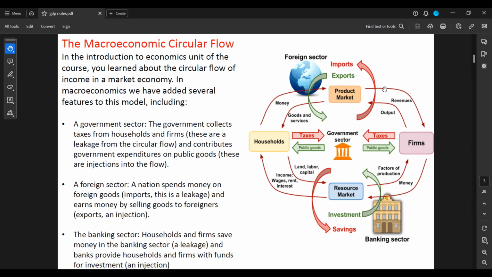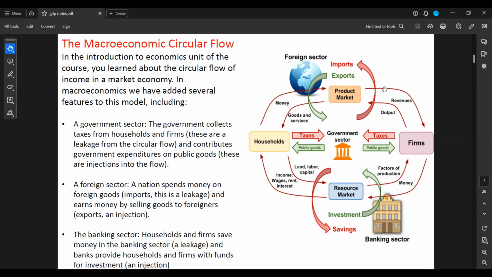Then a foreign sector. A nation spends money on foreign goods, that is imports. This is a leakage. It also earns money by selling goods to foreigners, which is an export, and it is known as an injection into the circular flow. Then we have the banking sector.